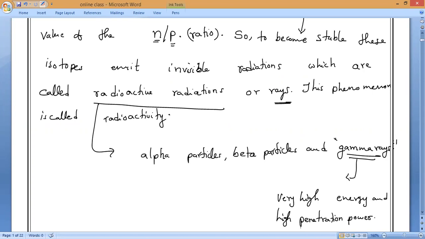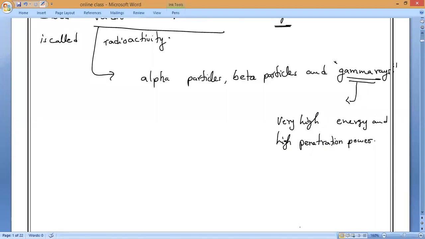It can pass through anything with that high energy. That is what penetration means, going deep inside. That is why gamma rays are extremely dangerous.